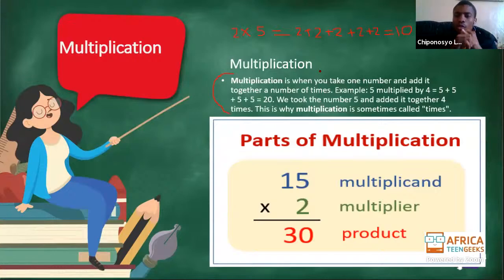Especially when we're dealing with two-digit multiplication, the only difference is that now we start speaking about place value, but I'll elaborate on that later. What's important now is for you to understand the basics of multiplication, which is repeated addition. Once you have that in your mind, you can start speaking about the other things.